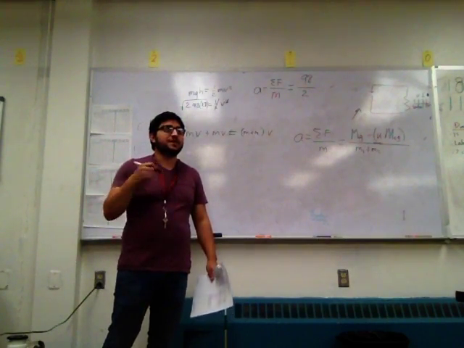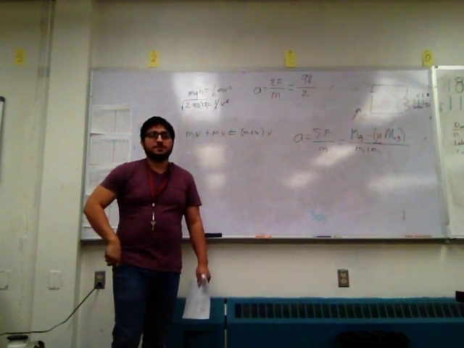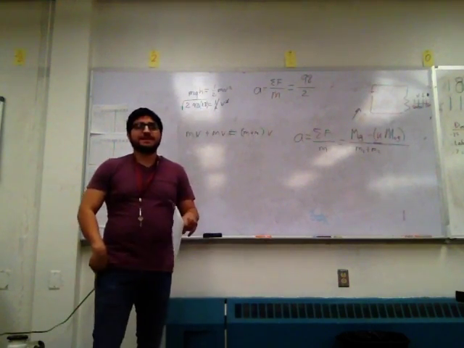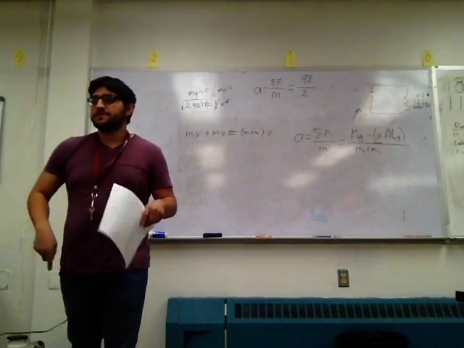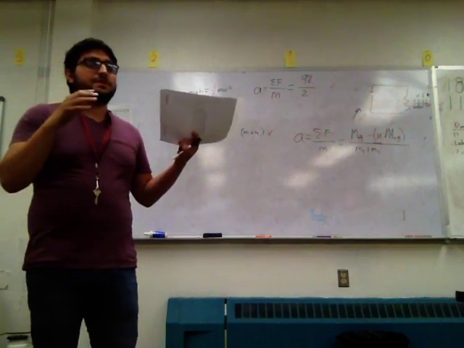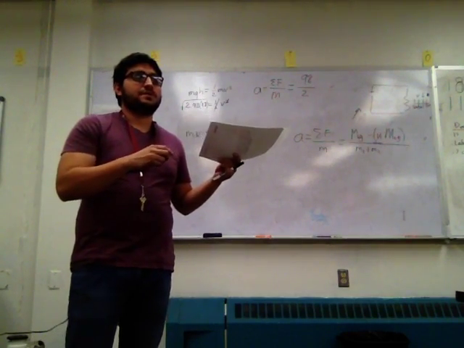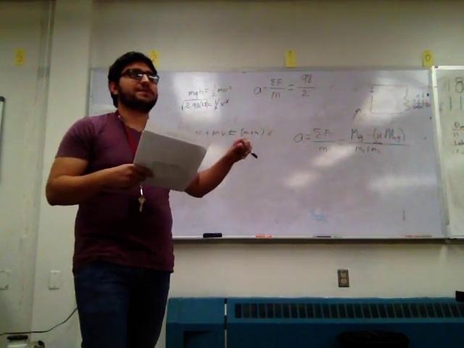Why can we not use conservation of energy? Because it's inelastic. Energy is lost in this kind of collision, so energy is not conserved here and we can't really use it.